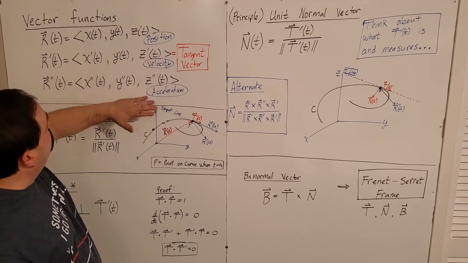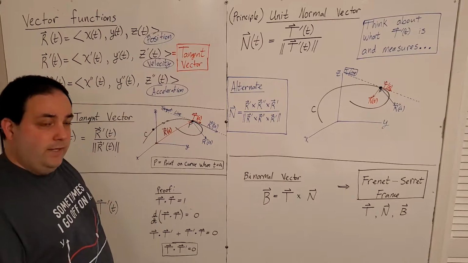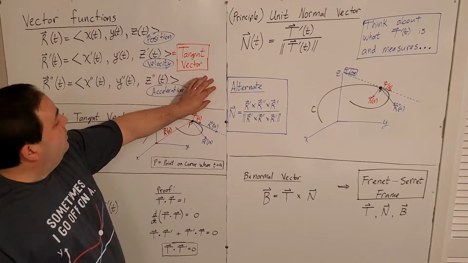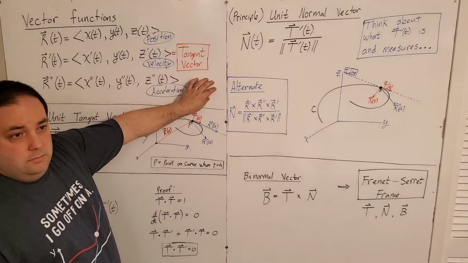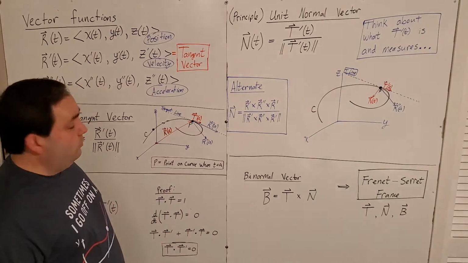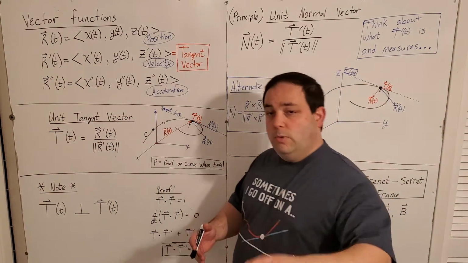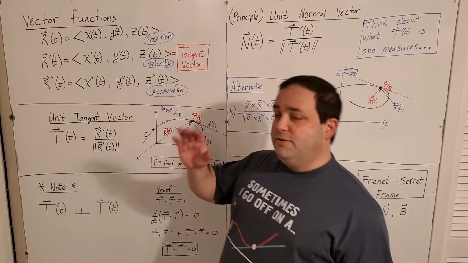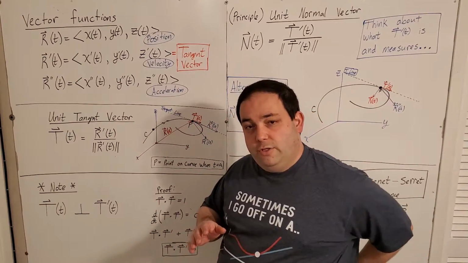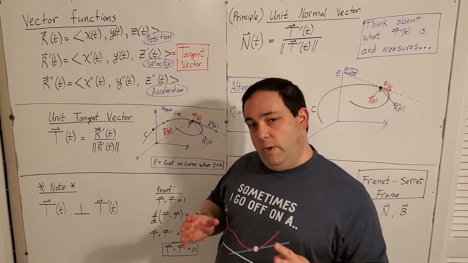Then your second derivative, as we've always heard of, is acceleration. Notice I didn't actually label that as any kind of special vector, right? And I know you're thinking that we should lead into some sort of normal vector of some sort, and that is where we're getting there, but you have to remember there's more information than just a size going on here.